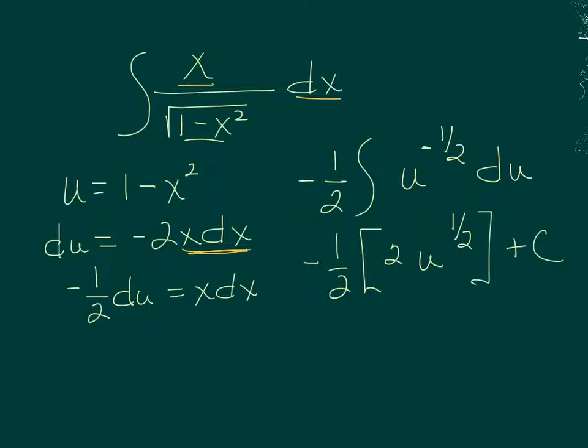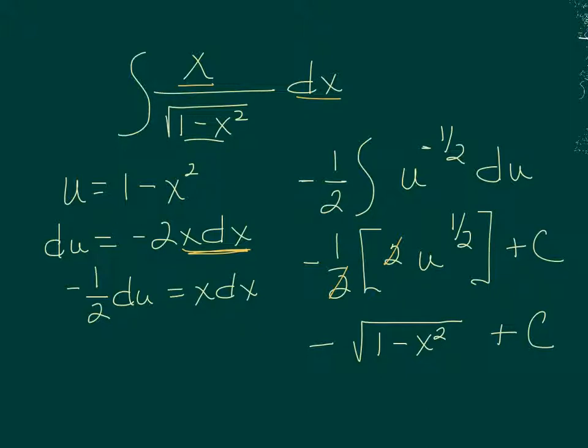Don't forget our plus c. Notice the 2's cancel. So we're going to have a negative. At this point, I'm going to resubstitute back in my original value that I said was u. And we have just integrated that problem fairly easily. Notice that substitution just made it an easier problem to look at.